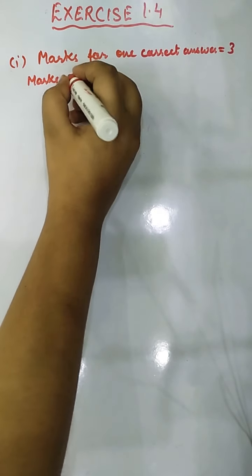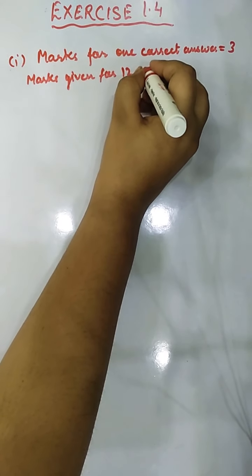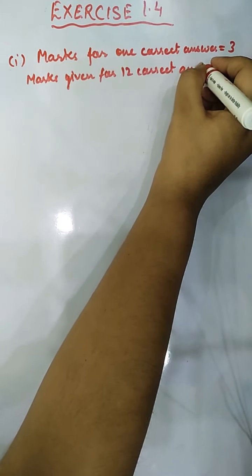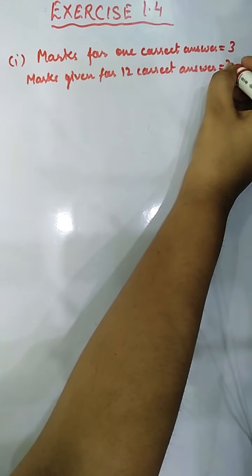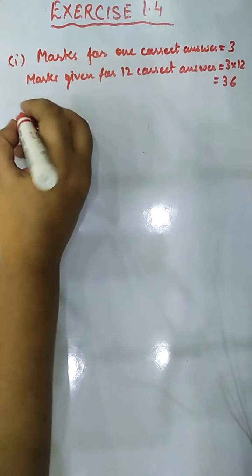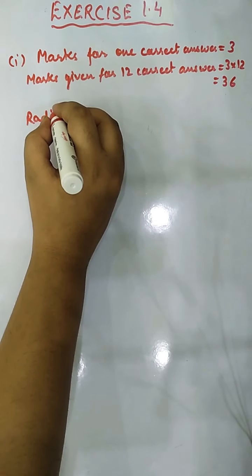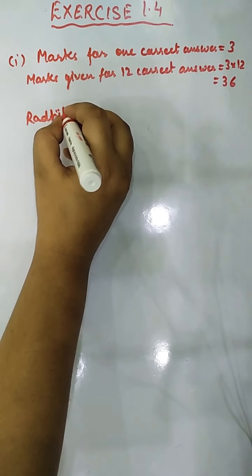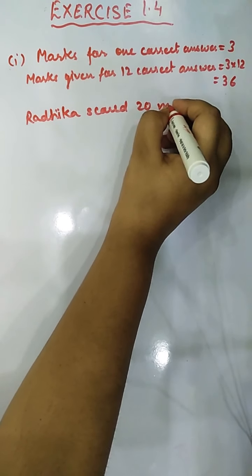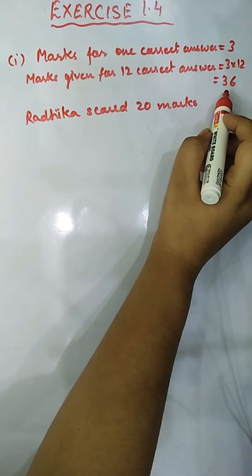So marks given for 12 correct answer. So how much marks she has scored? 3 into 12 is how much? 36. Now Radhika scored how many marks? Radhika scored 20 marks. It is given in the question, and for correct answer she has got 36.